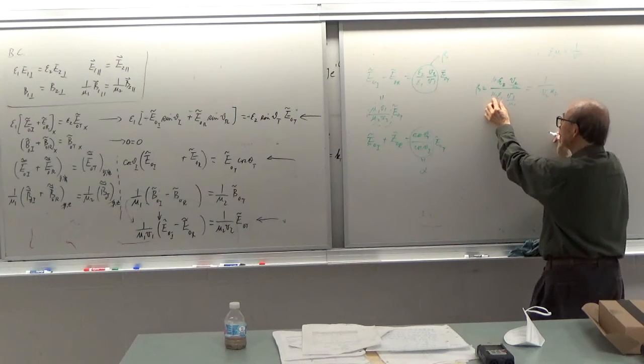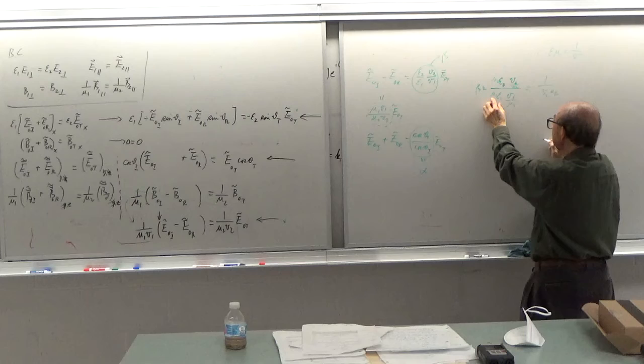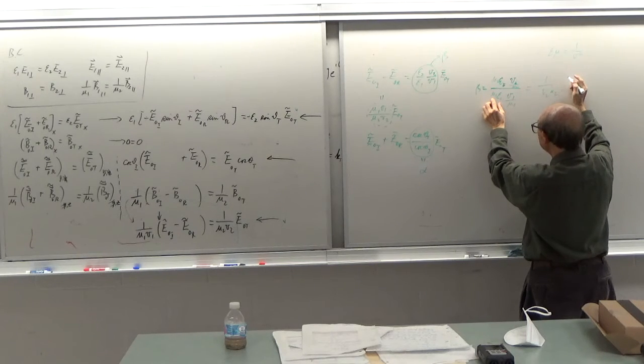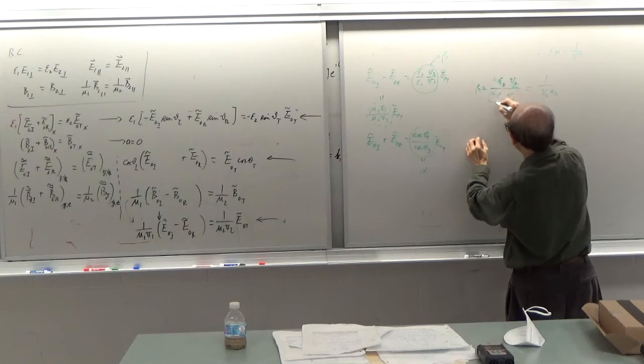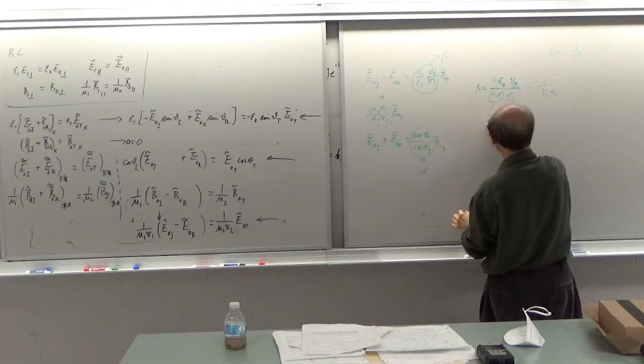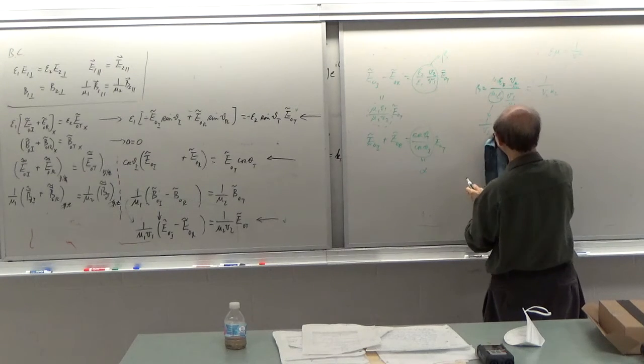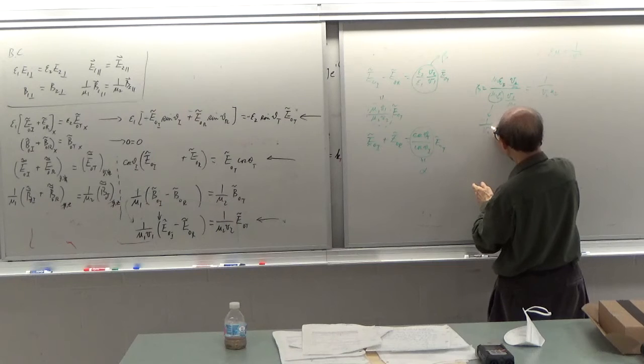Similarly, epsilon 1 mu 1 is 1 over V1 squared. So this is nothing but 1 over V1 squared.